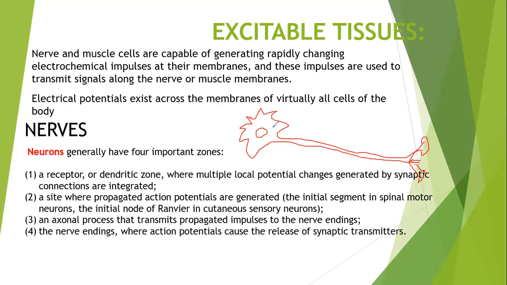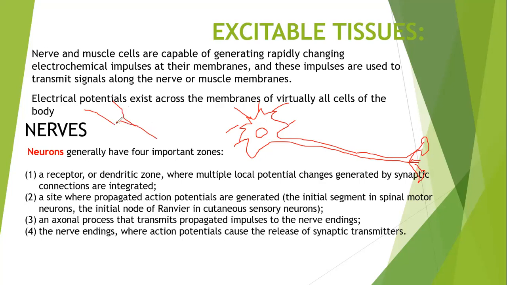One, the receptor zone, the one that receives, takes information towards the cell body. That can be formed by the dendritic zone, where they can take information that way. In a sensory neuron, we can also have a nerve terminal, which can take information towards the cell body.